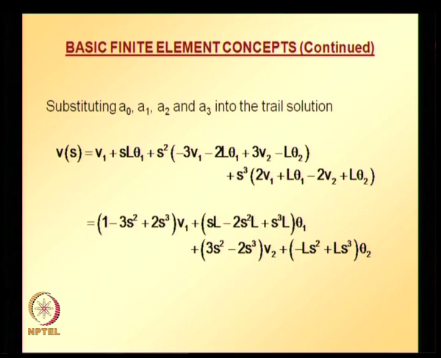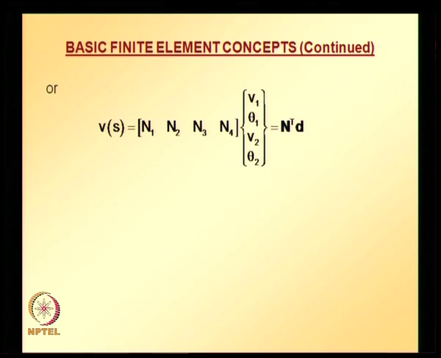So with this understanding, we can write this equation in a matrix and vector form by defining n1, n2, n3, n4, which are going to be the shape functions or interpolating functions for this 2 node beam element in this manner, and which can be compactly written as n transpose d.